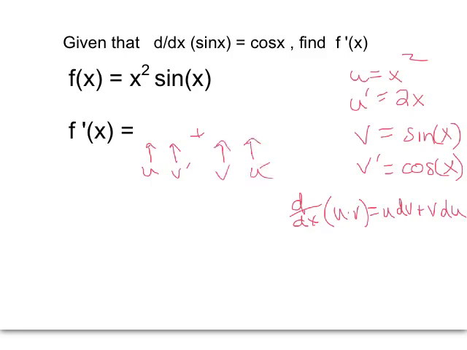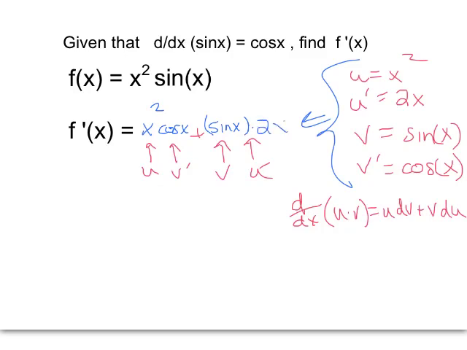It's not difficult, just takes practice and getting to know this formula. So u is x squared. I'm just going to come over here to these four things and put them in. Here we go. X squared. Now we've got to put v prime. V prime is down here. It's cosine x. So I'm going to put that in. Cosine x. And then v is sine x times u prime, which is 2x.